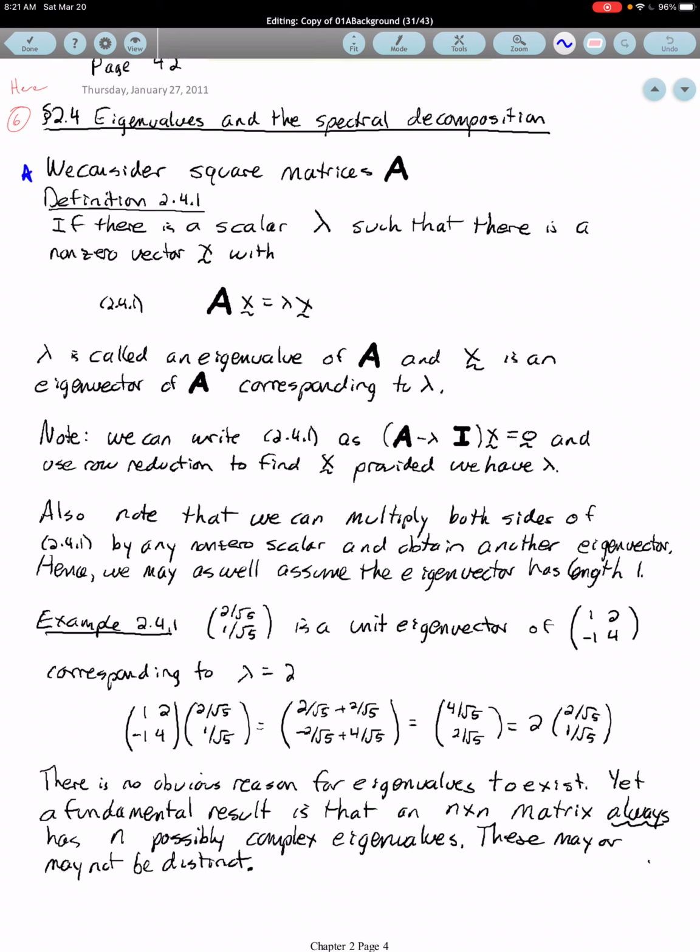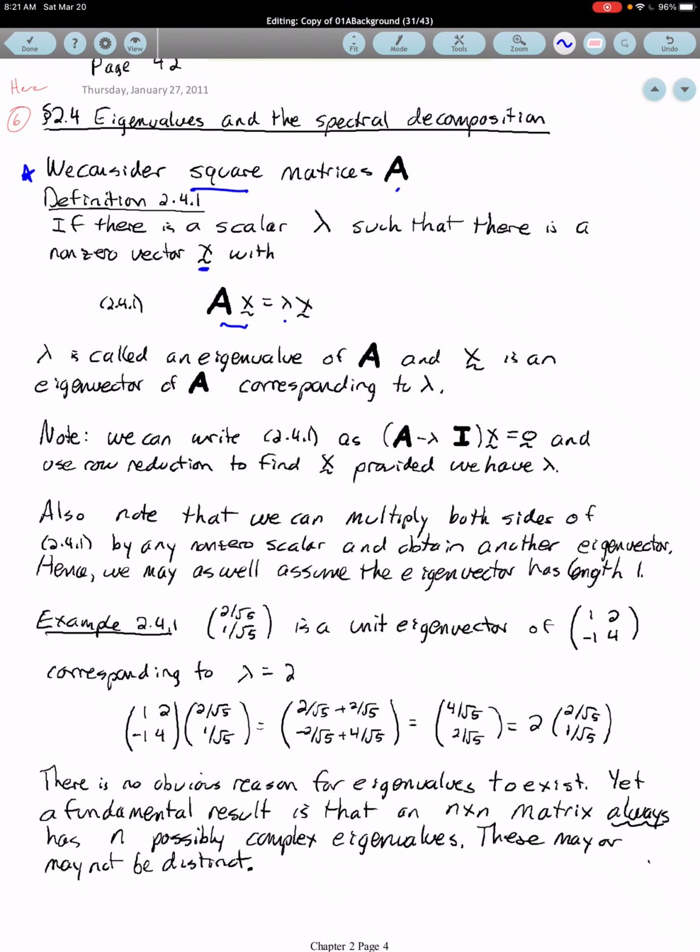So we start off with the definition of an eigenvalue and eigenvector. We will only consider square matrices A, and the definition, as you're likely familiar with, is that a vector x such that when paired with A, so A times x, returns the same thing as just multiplying that vector x by the scalar lambda.